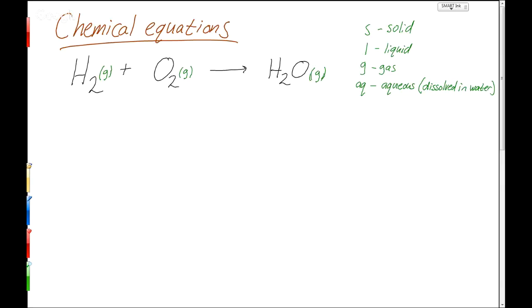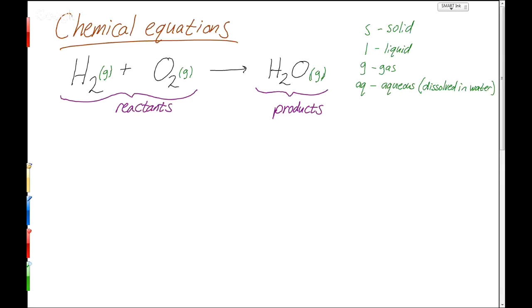Okay, other things about a chemical equation. The left side is what you start with. So the things on the left side are known as the reactants. And whatever's on the right side is the products.